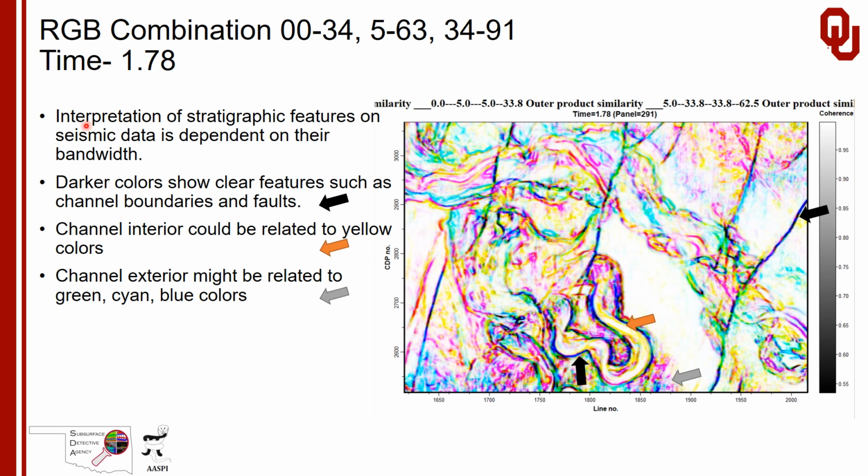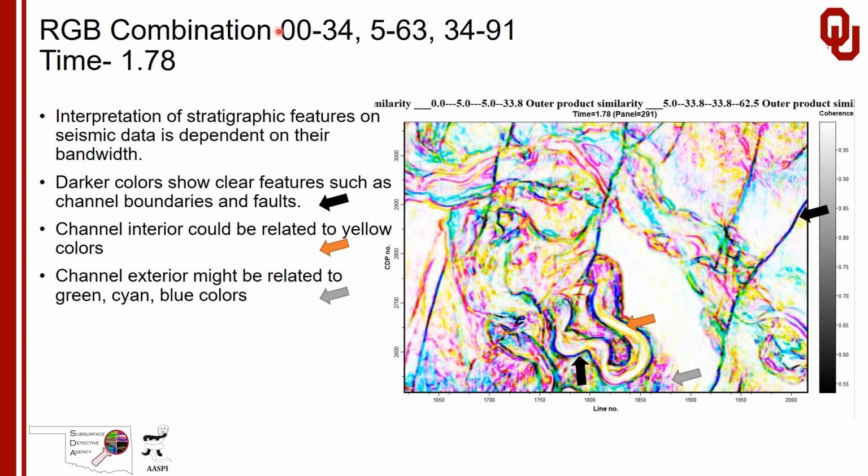This is an RGB combination from the three previous volumes. So we can see here in colors, the darker colors can show us the low coherence features. So we can see clearly faults and we can see the limits of the channel. But in colors, we can see some interesting features.